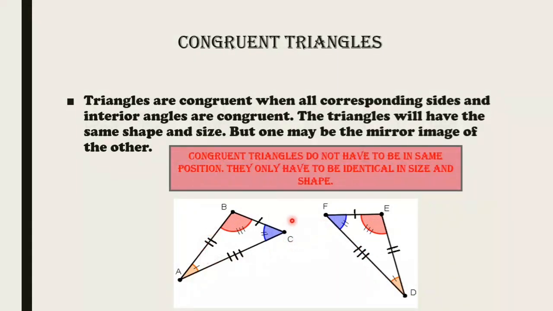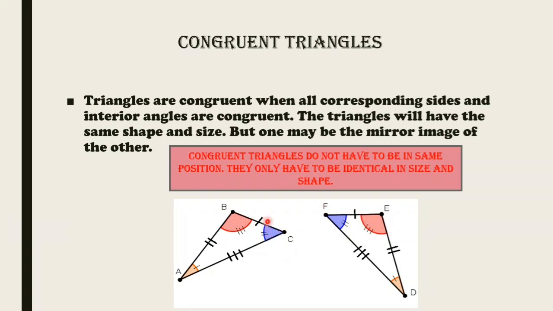Now, when all corresponding sides and interior angles are equal, it means triangle ABC is congruent to triangle DEF. But it does not mean that the position of angle A should be the same as the position of angle D. In this example, angle B is on the left of the triangle, while in triangle DEF it is on the right.